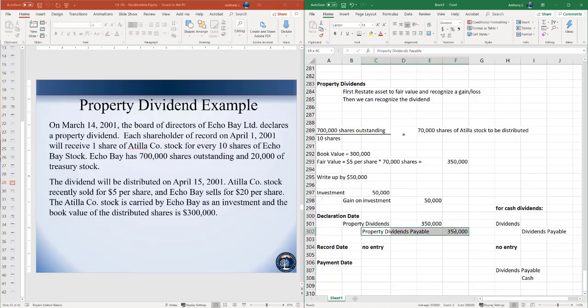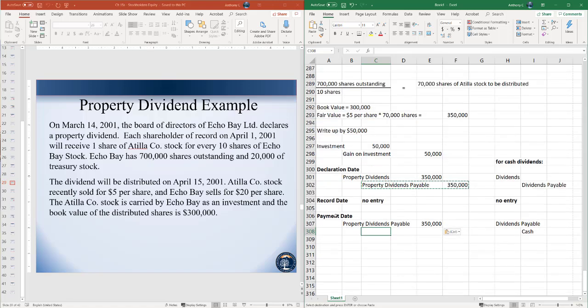We've previously accrued the liability. Now we're going to pay it, so we can remove the liability from our books. And in this case, we're paying with the asset of an investment. So we will credit investment for that total of 350,000 value, to remove it from our books.